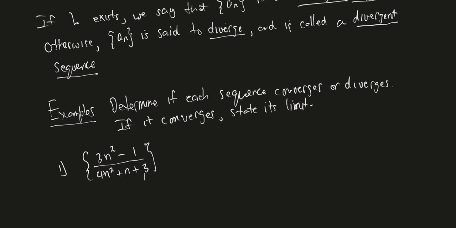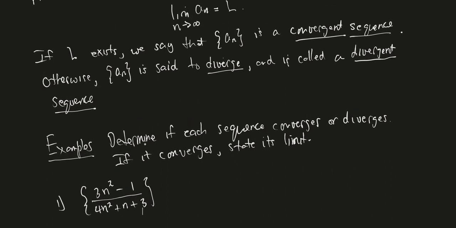Our main concern now is this. What happens to the terms of the sequence as n gets arbitrarily large? So n goes off to positive infinity. So it doesn't matter where it starts, where, if anywhere, does it end up, right?